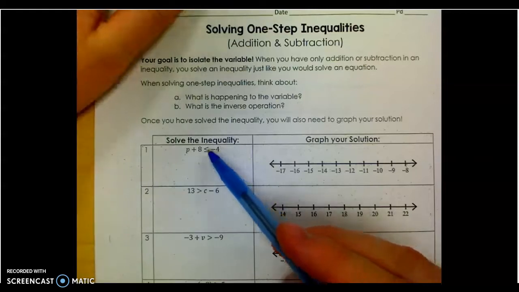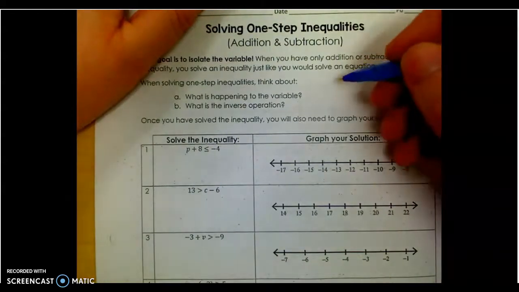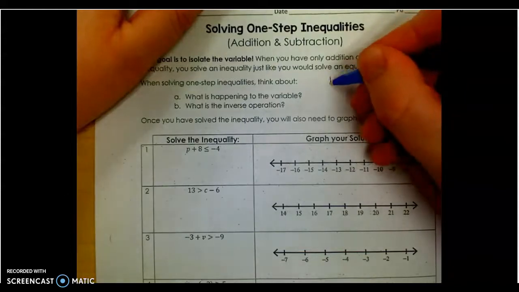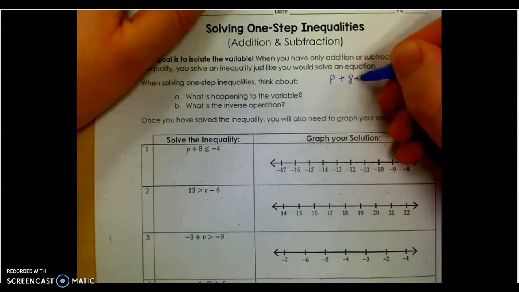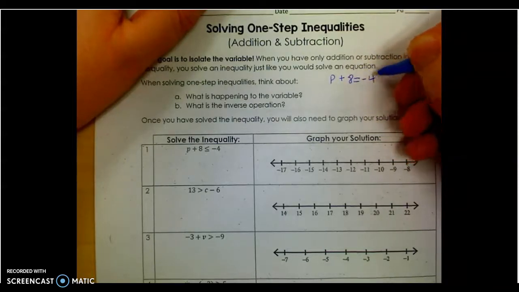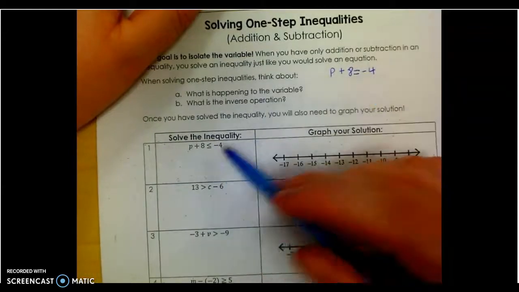So the only difference between this and an equation is that instead of an equal sign, we have the less than or equal to sign involved. So up top here in this little space, I'm just going to write P plus 8 equals negative 4. Okay? The only difference between this and my inequality is the equal sign.